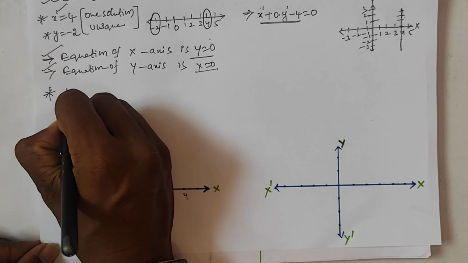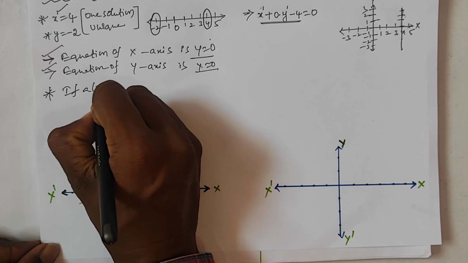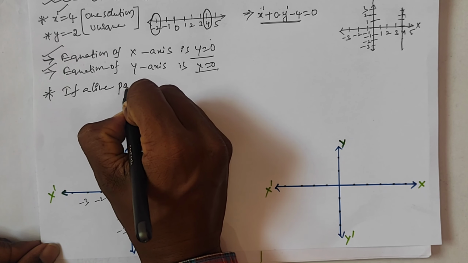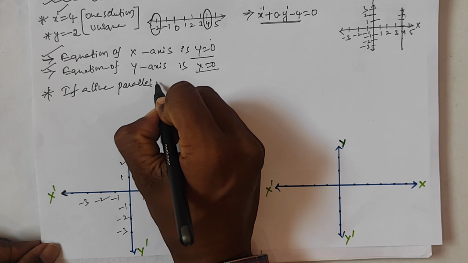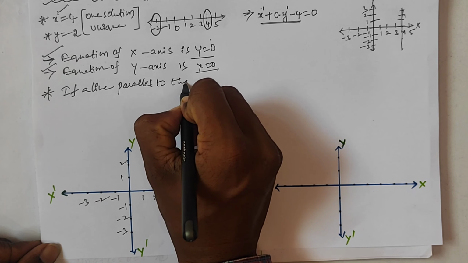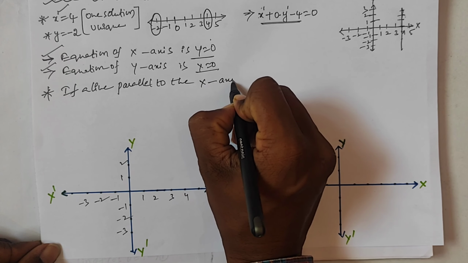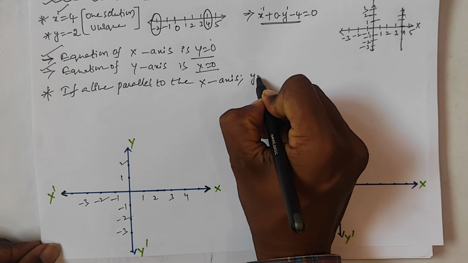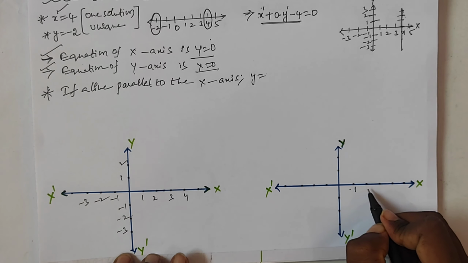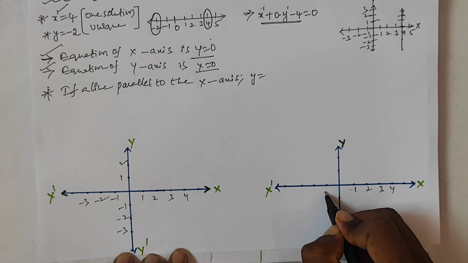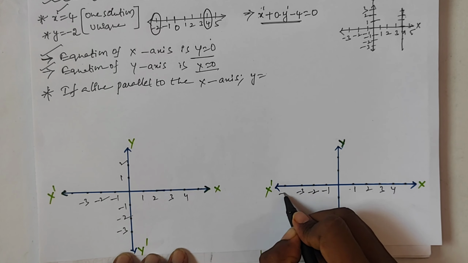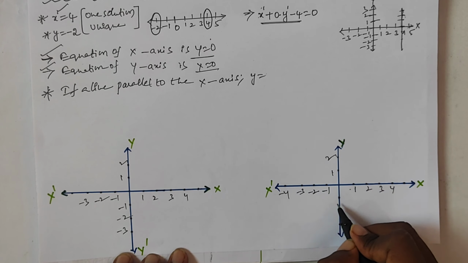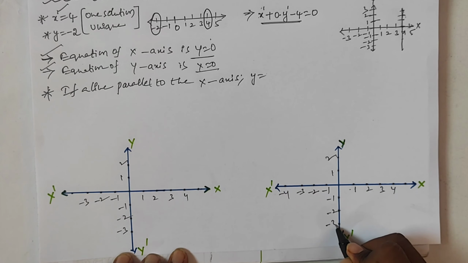Suppose a line is parallel to the x-axis, then what is the value? We'll observe here. In this case I'm taking 1, 2, 3, 4, -1, -2, -3, -4 on one axis, and 1, 2, -1, -2, -3 on the other.